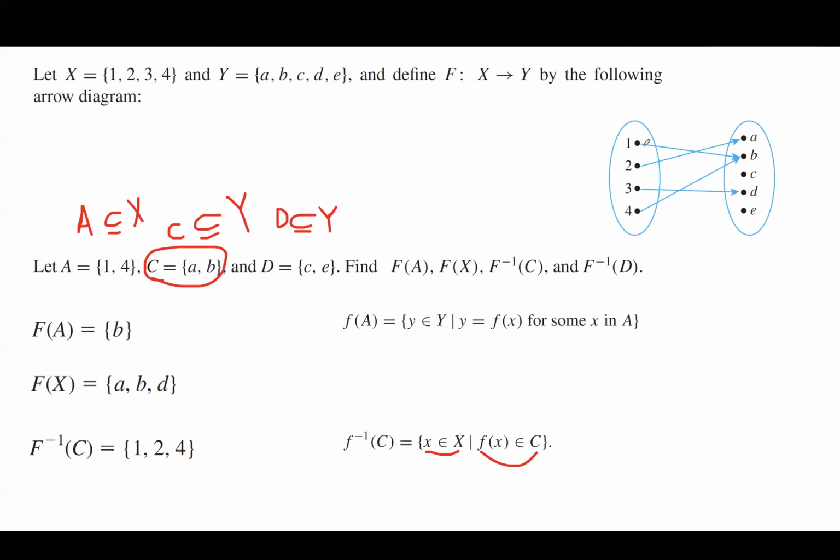So take a look at this. f of 1 is equal to b. b lands in C, so 1 is acceptable. What about 2? 2 is mapped to a, and a also lands in C. What about 3? 3 is mapped to d, but d is not in set C. What about 4? f of 4 is b, and b belongs to set C. So, as you can see, the inverse image of C is 1, 2, and 4, which is a subset of X.